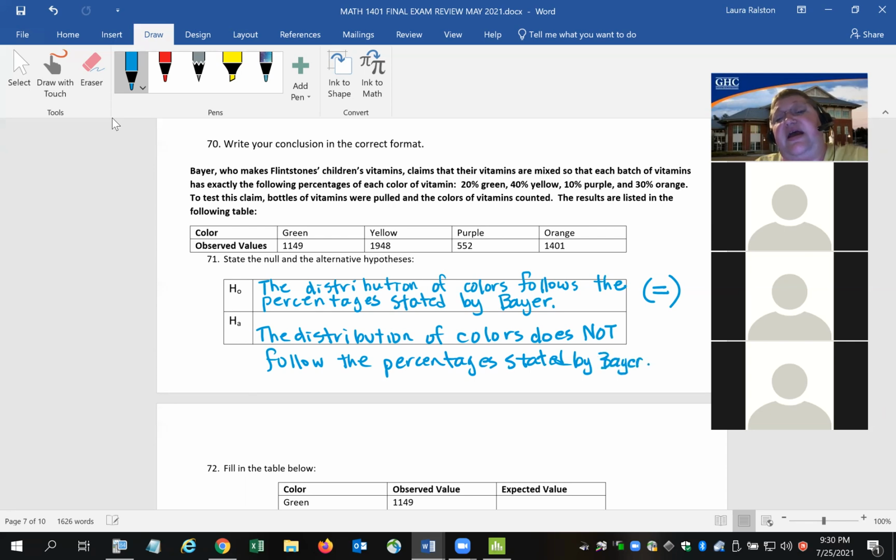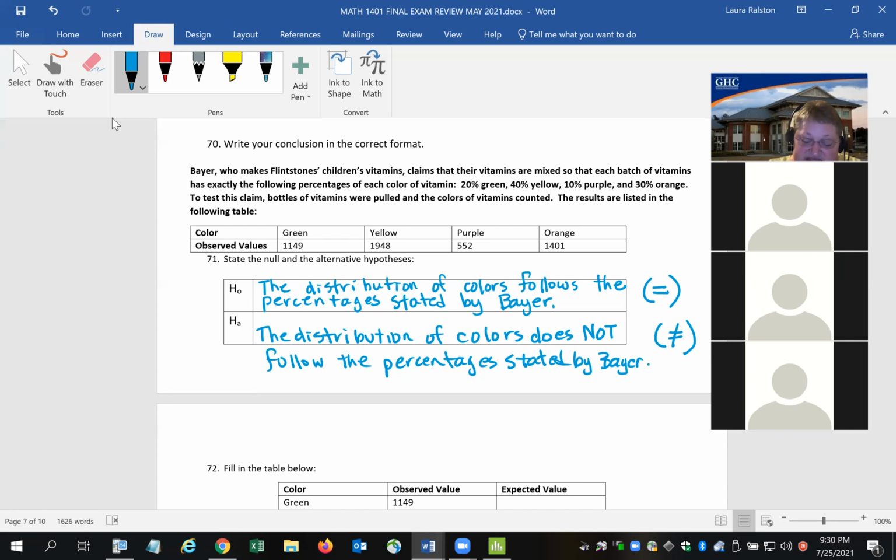And again, that phrase implies not equal. Notice in the null, we still have equal, and in the alternative, we have not equal. And I'm writing down the numbers of each color vitamin.